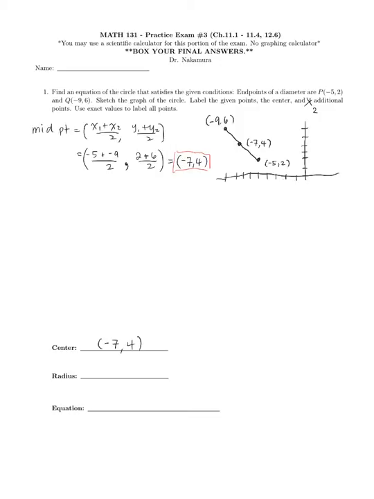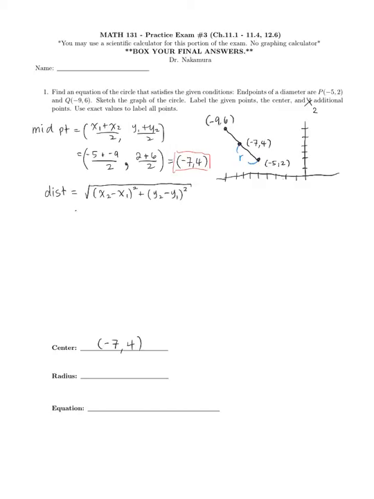Okay, now let's talk about the radius. Radius is nothing but the distance from the center to one of the endpoints on a diameter. So I'm just going to take negative 5, 2 as the second point. And then what we need to do now is compute the distance between the center and that point. So distance formula is given by square root of x2 minus x1 squared plus y2 minus y1 squared, whole thing square rooted.